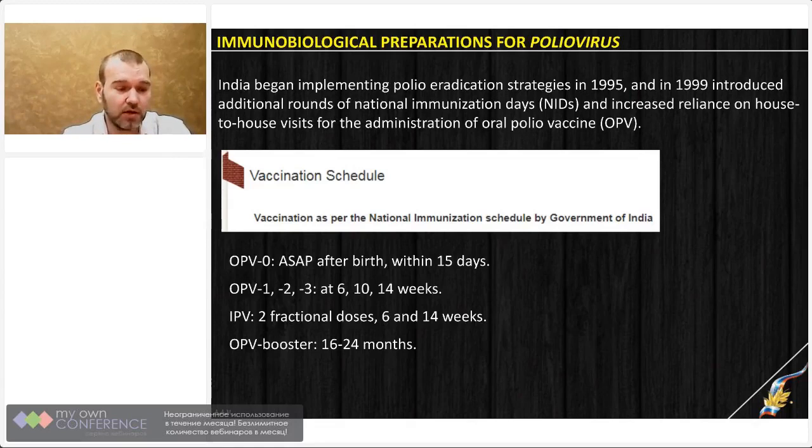It's not changing. I really hope that it will be changed, and IPV will be given as the first vaccine and then OPV. If you search Google, there are still a lot of papers about paralytic polio caused by the oral vaccine in India, and the problem is still not solved. But still, as a minimum, you have obligatory vaccination against polio, and the rate of disease has decreased significantly in your country as well.